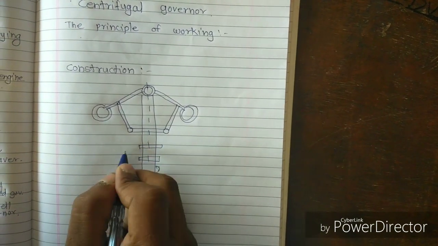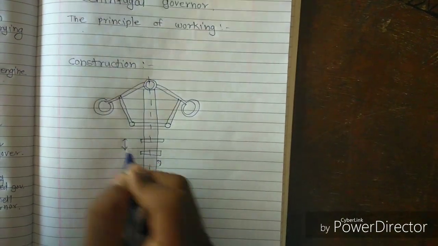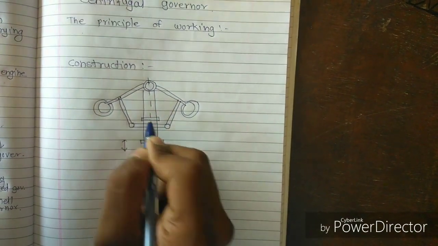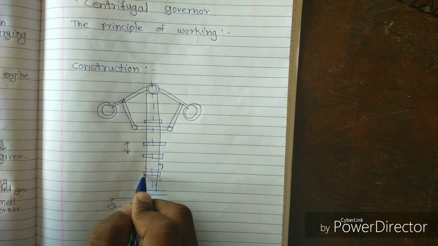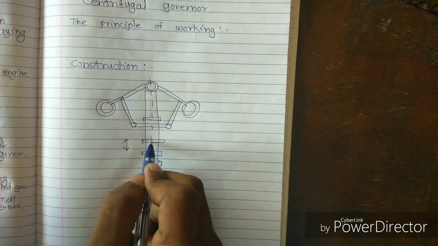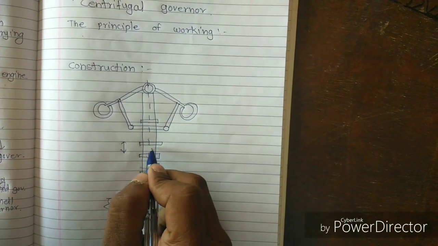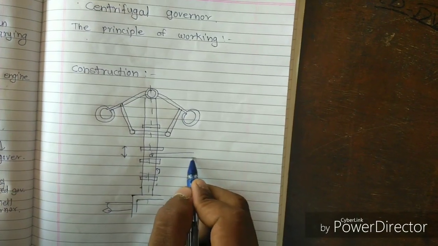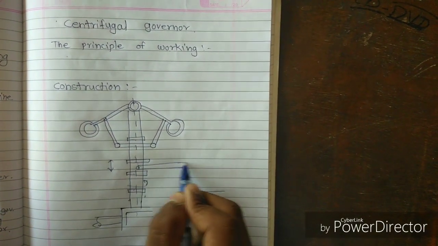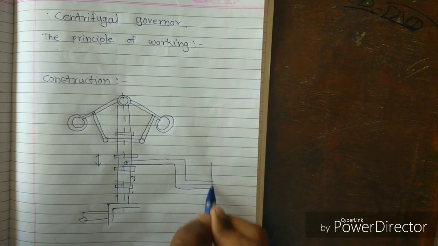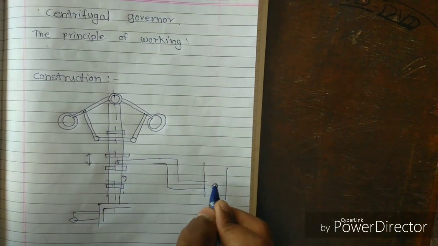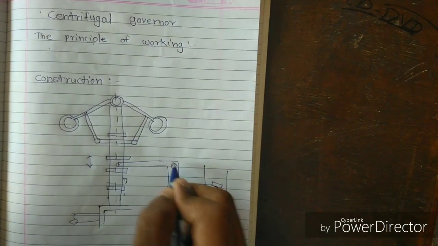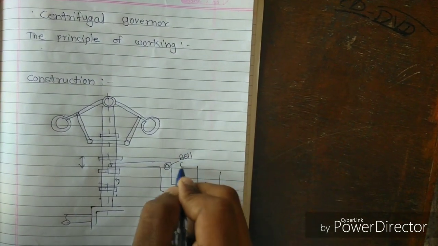The sleeve moves in upward and downward direction, and two stoppers are provided on this central spindle to restrict the movement of this sleeve. This sleeve is connected to the throttle valve through this bell crank lever.